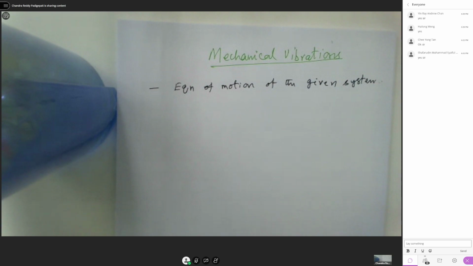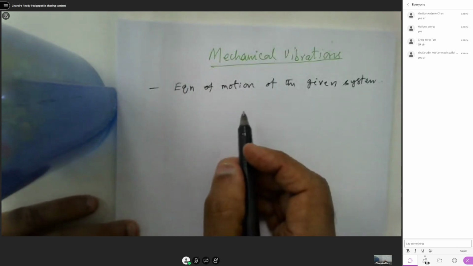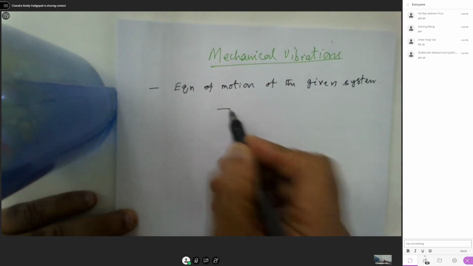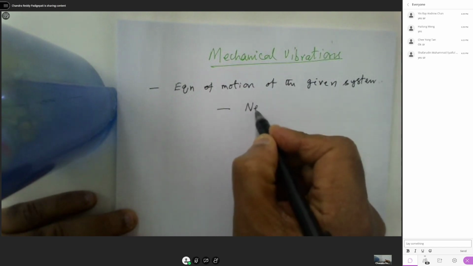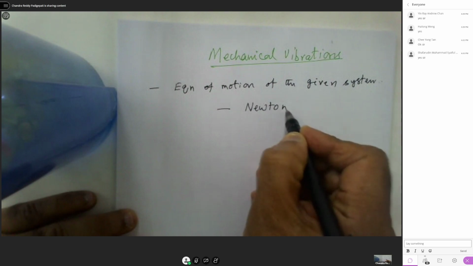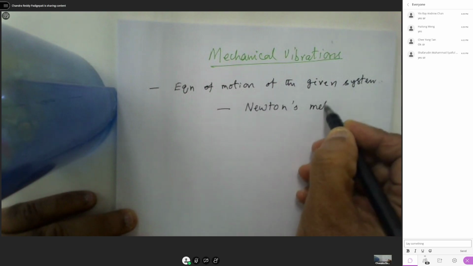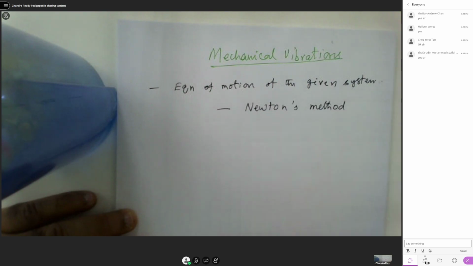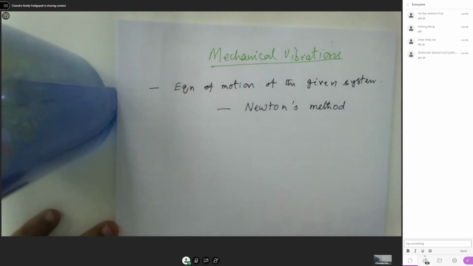Okay, so we need to derive the equation of motion for the given system. This can be done in two ways. One is using Newton's method, where we write the sum of the forces acting on the system and equate it with mass times acceleration. So we see what forces are acting along X and along Y, and accordingly we apply Newton's method.